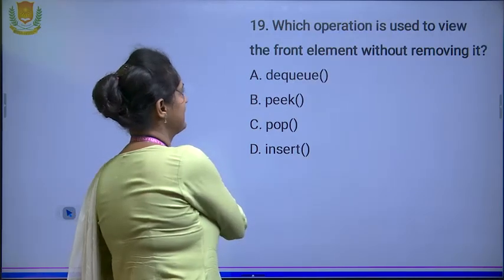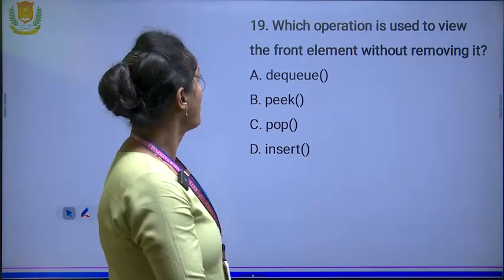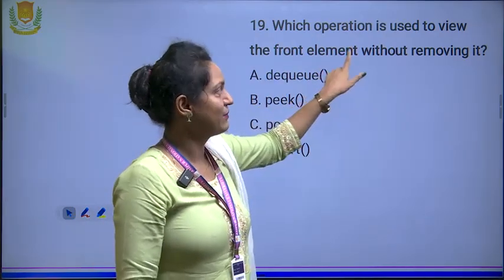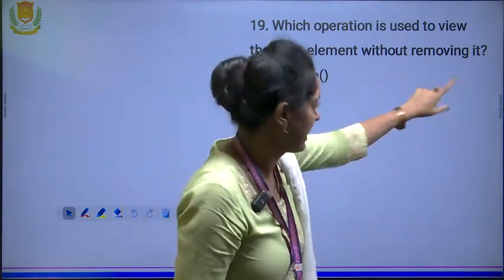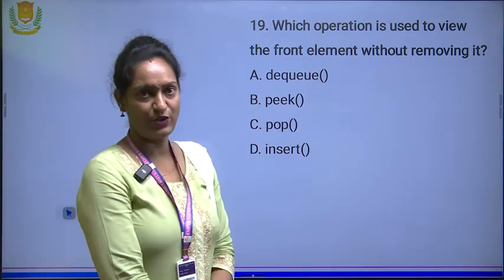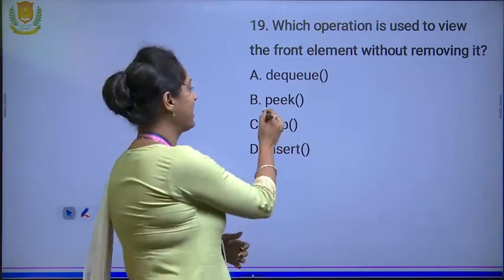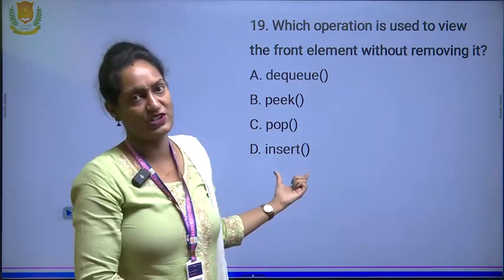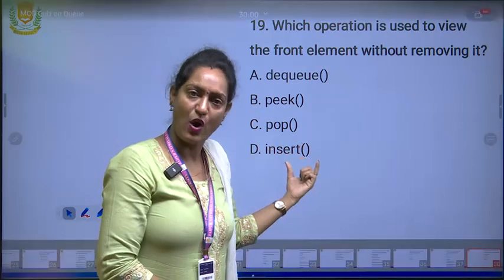Question number 19. Which operation is used to view the front element without removing it? The options are option A, dequeue, option B, peek operation, option C, pop operation, and the last is insert operation.